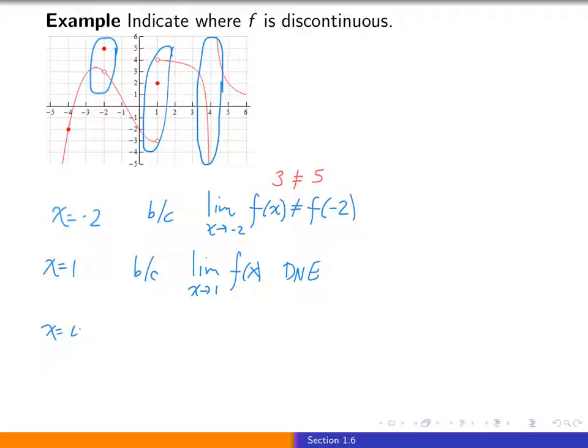So x equals 4 is a point of discontinuity because the function f is undefined. So we really see all 3 types of discontinuities appearing in this example. A point of discontinuity because the limit does not exist, because the function value is undefined, or because the limit is not equal to the function value.